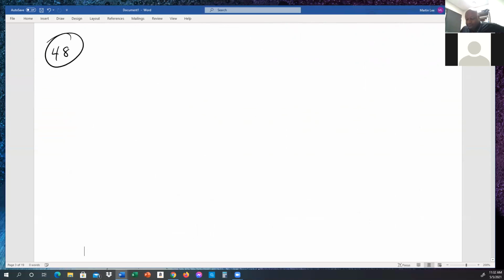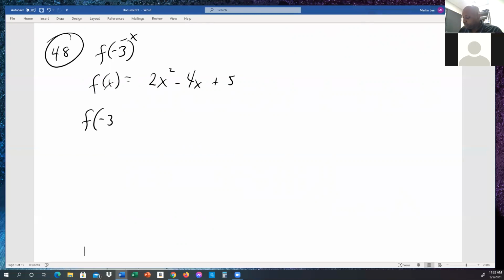Okay, number 48, find f when x equals -3, and they give us the function. Okay, so find f of -3 just means when x equals -3. For this function, f of x equals 2 times x squared minus 4 times x plus 5. So when x equals -3, we're going to plug in -3.